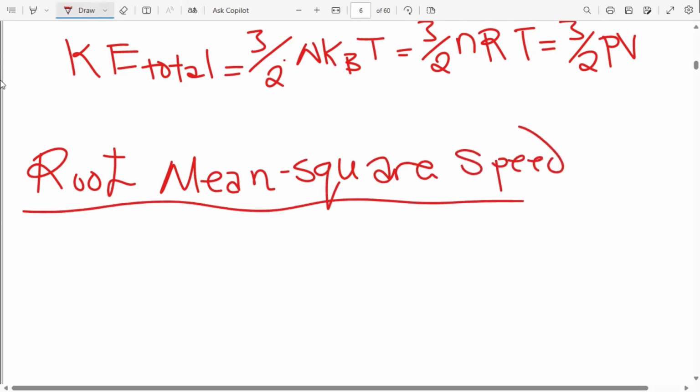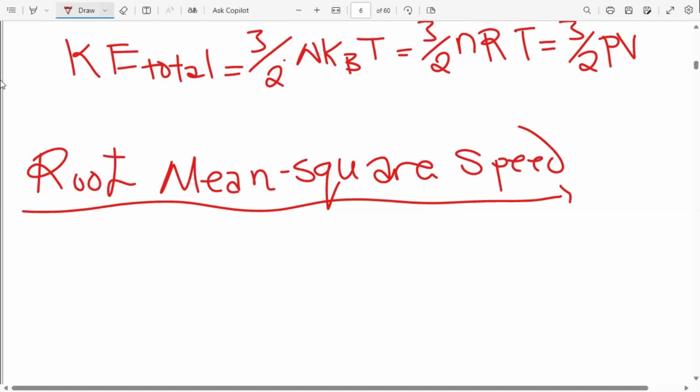The root mean square speed is the speed that describes the average speed of gas molecules. Since we know different individual gas molecules will actually be moving at different speeds depending on specific characteristics that are being applied to that particular gas molecule.